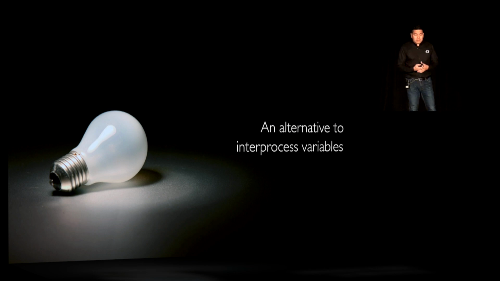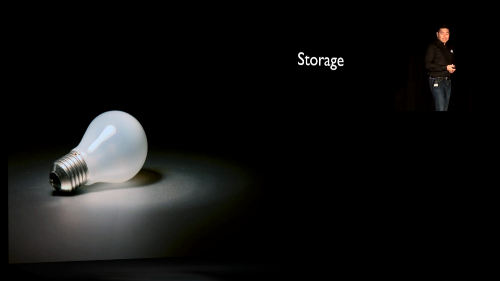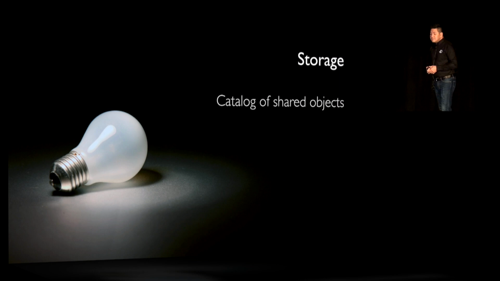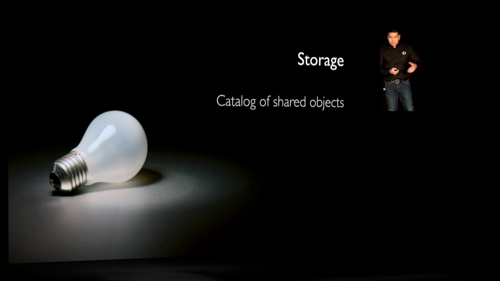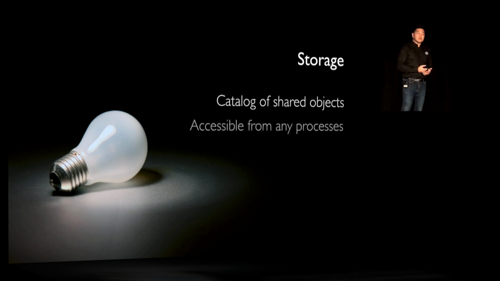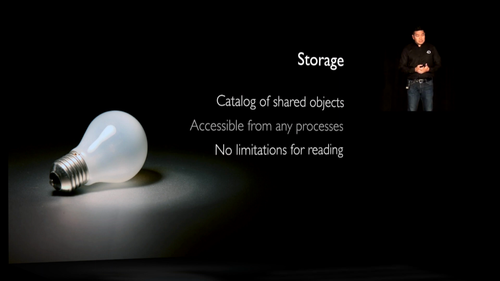So we have to come up with a new way again, and that new way is called storage. The storage, in this case, is a catalog of shared objects, which I described earlier. Now, you can access storage from any running process, and without having to ask 4D to grant you permission, you can read from storage from anywhere.